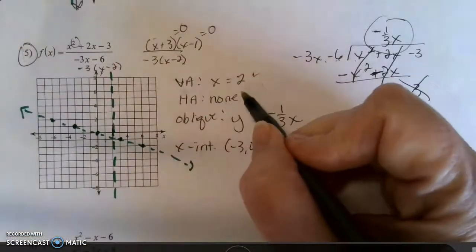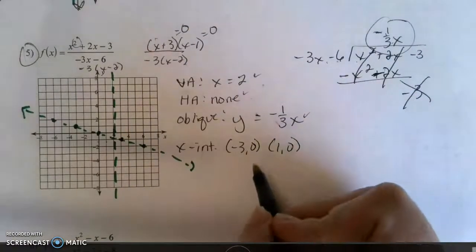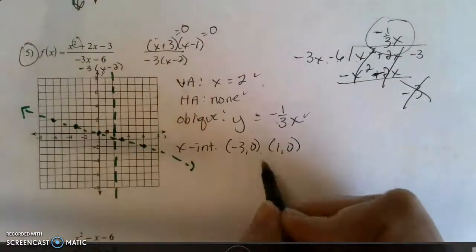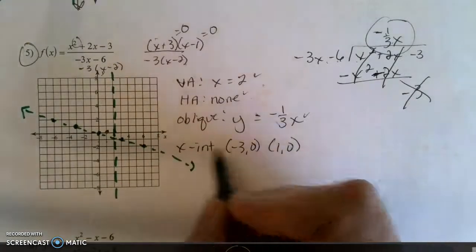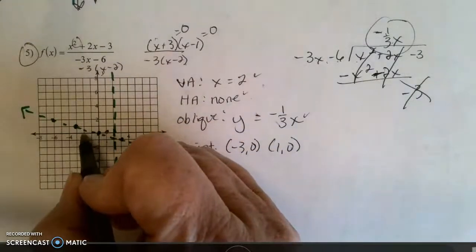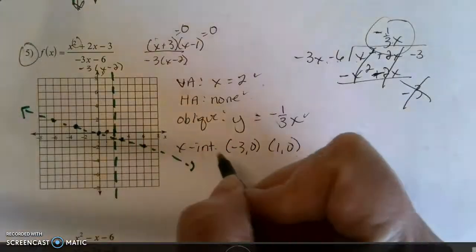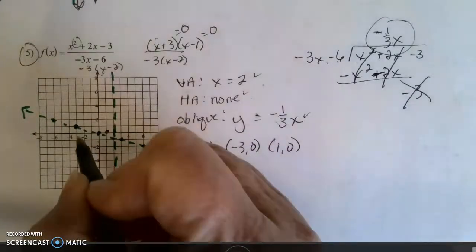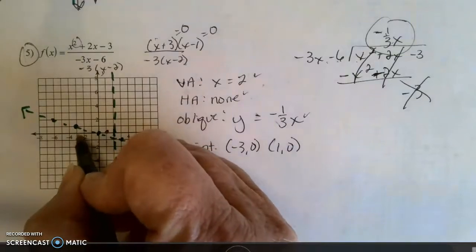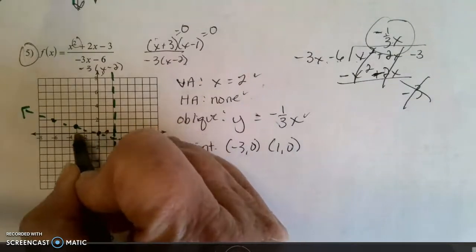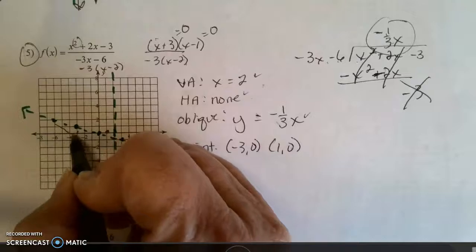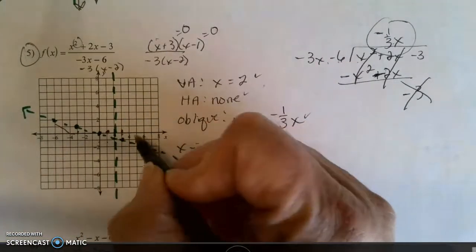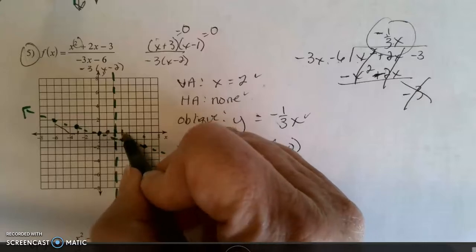Okay, I've graphed that. I don't have that. I've graphed that. X-intercept. I have one at 1. And -3. Looks like this one's going to cross. Let's try right here. 1, 2, 3.